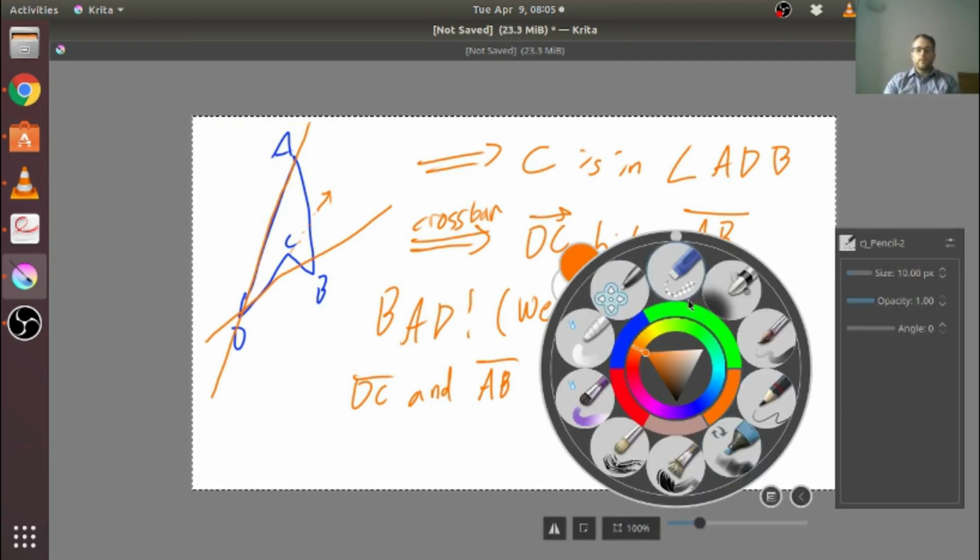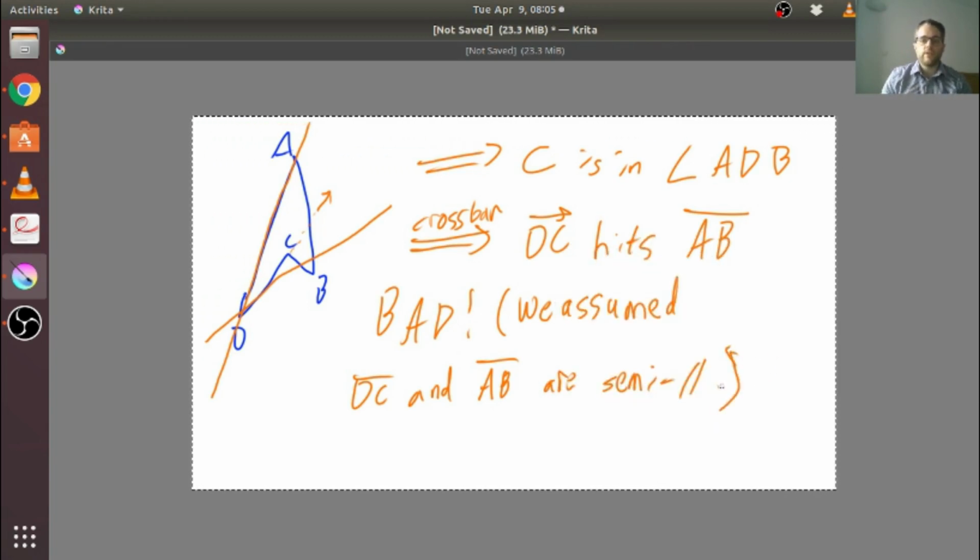So there's our contradiction. We've reached a contradiction. We've shown that if one pair of sides is semi-parallel, then the other pair of sides has to be semi-parallel. We reach a contradiction by assuming they weren't semi-parallel. Okay, so that's what we were trying to show: if one pair of sides is semi-parallel, then the other pair has to be semi-parallel.